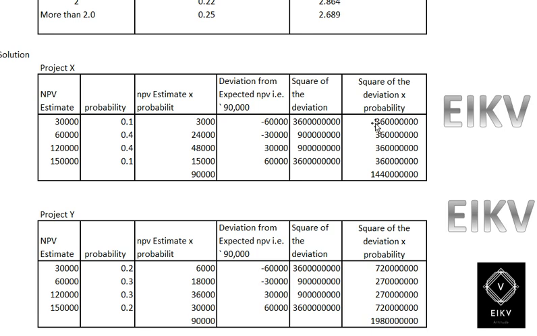After that, x minus x dash the whole square, then we need to multiply it with the probability, which gives you 36 crore each. So the total will be 144 crore.